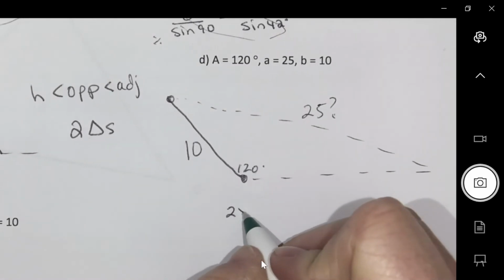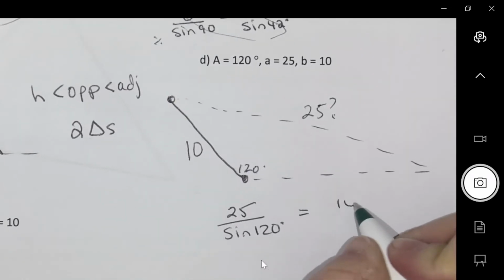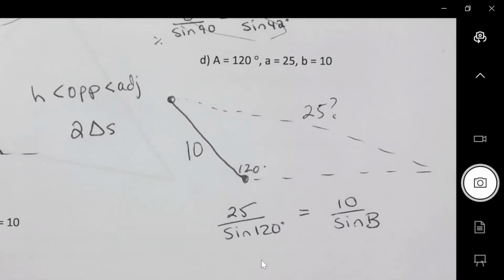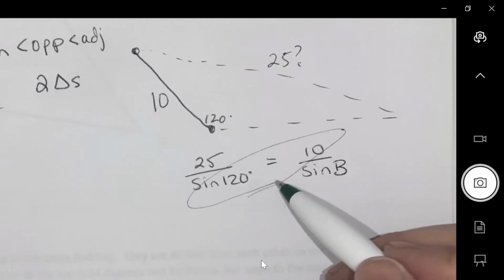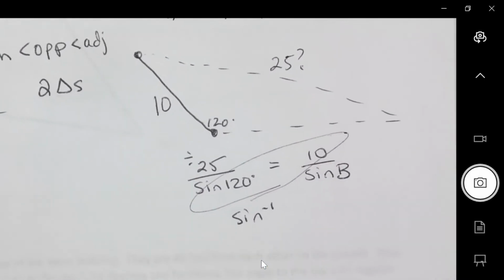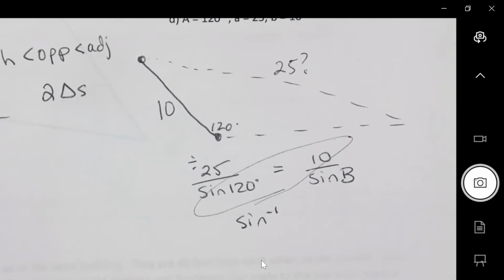Okay, so I'm going to go 25 over sine 120 and 10 over sine B, times, divide, inverse. Those are always our steps. So basically what I'm doing is I'm going to see, does it come out to be a number or does it give me some kind of error?